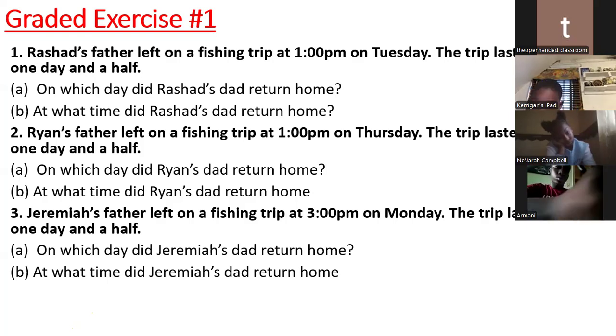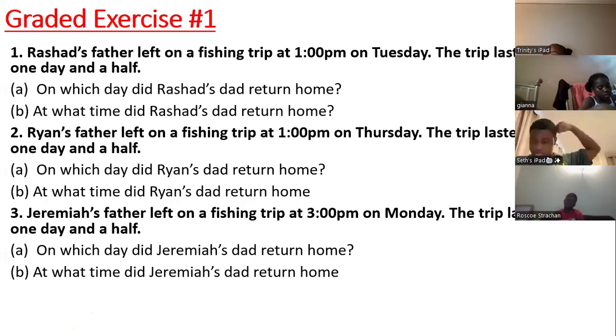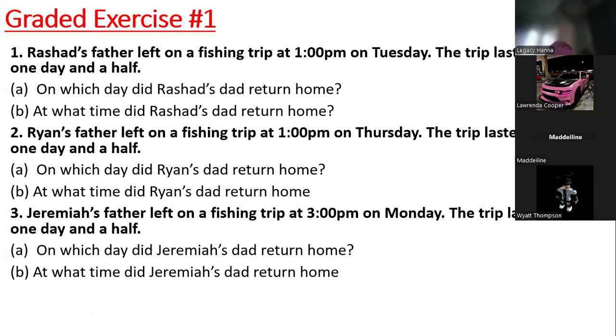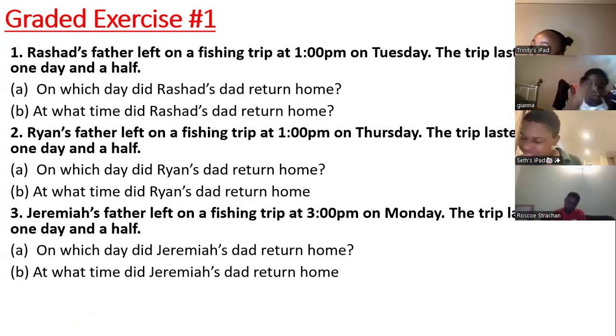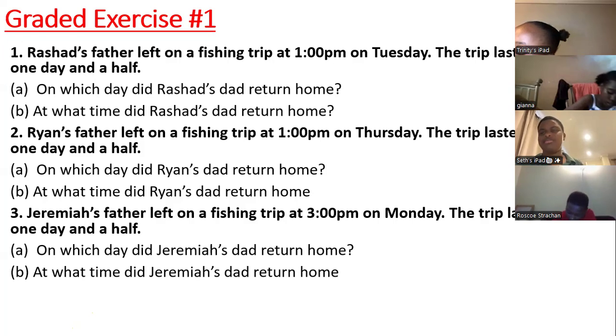Where's Roscoe? Roscoe, what number you on? 3B. Number 3B, okay.